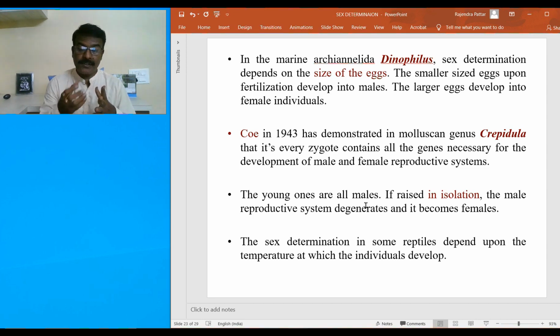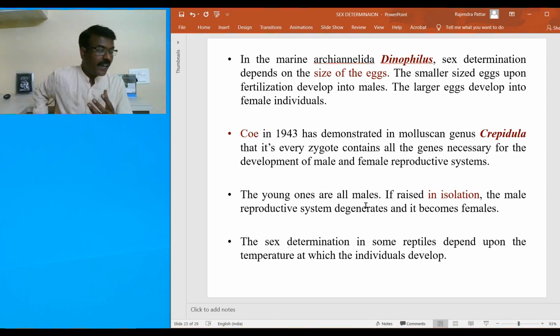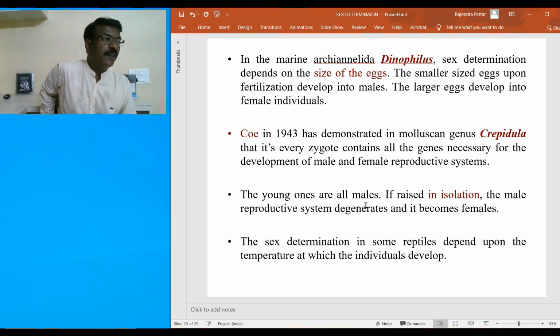But this male Crepidula is taken out and raised separately in isolation. It has a tendency to develop into a female. Why? Because in isolation, when this male Crepidula is reared, what happens?